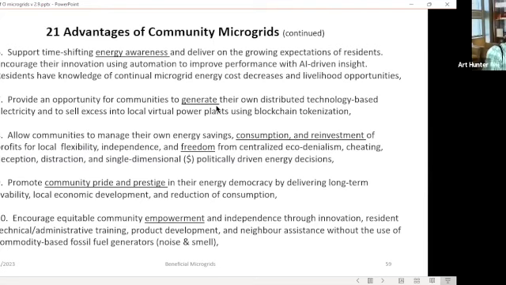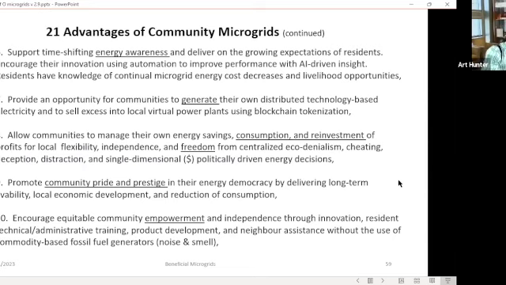Provide an opportunity for communities to generate their own distributed energy technology and sell the excess into virtual power plants using blockchain, of course. Allow communities to manage their own energy savings, consumption, and reinvestment of profits.